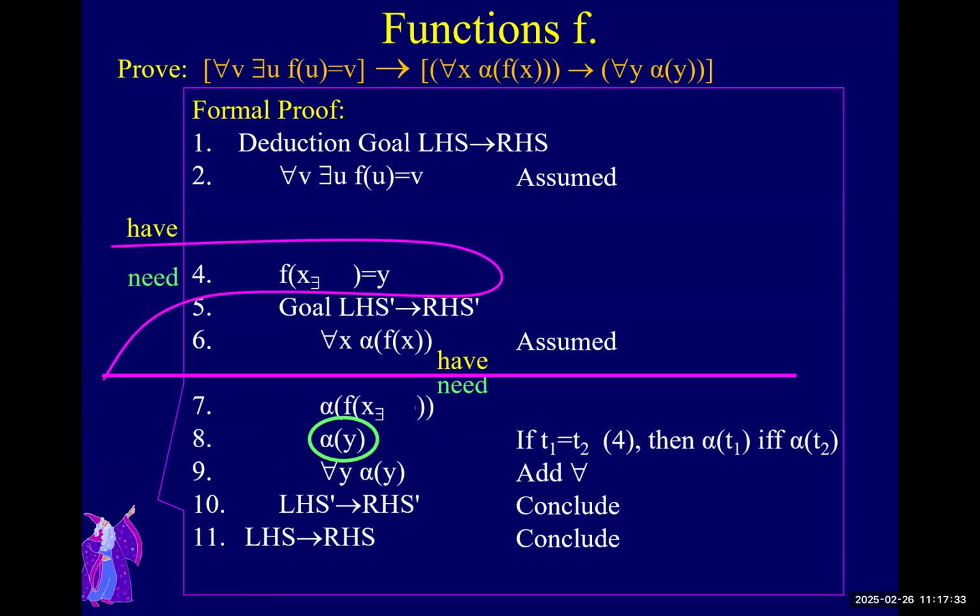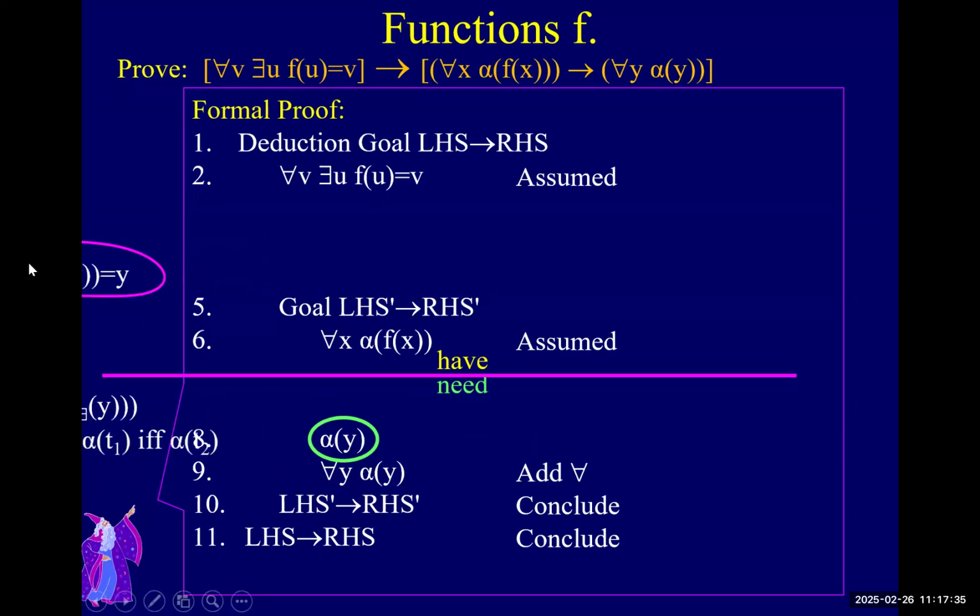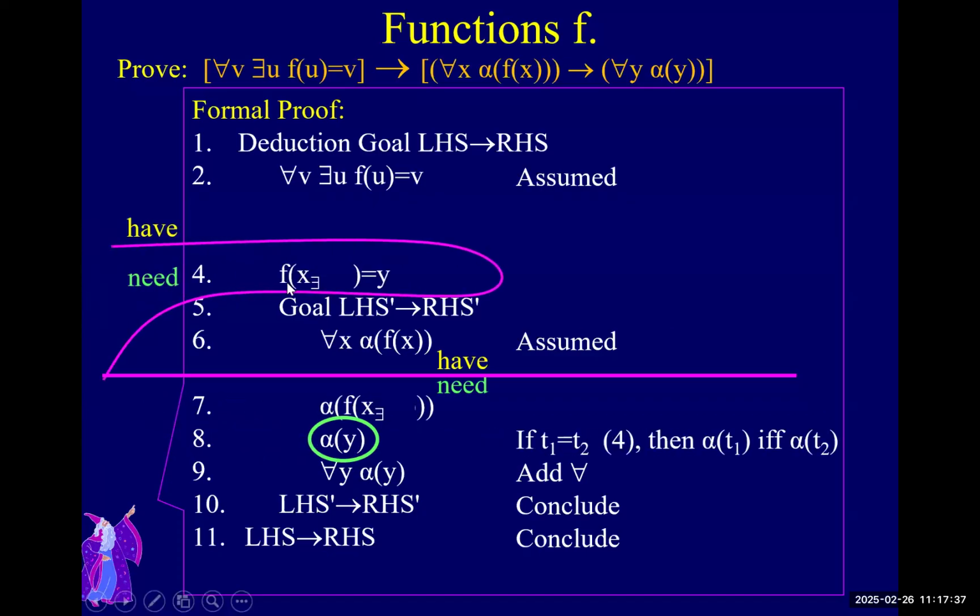Well, it's a little convoluted, but what I need to prove is that f of x is y. If we prove that there's some x that gives me y, this is saying I need to prove that y is hit.